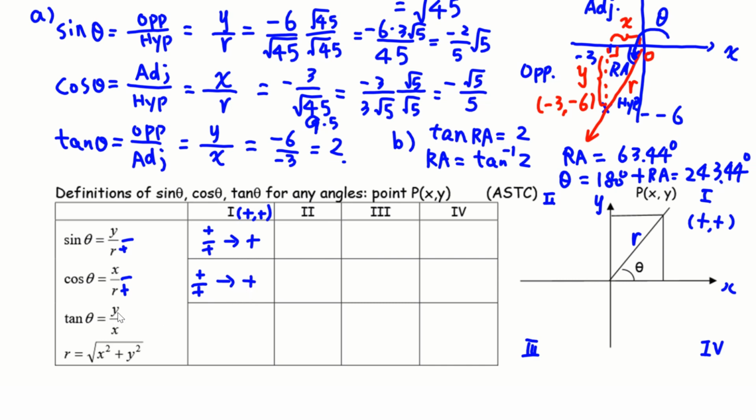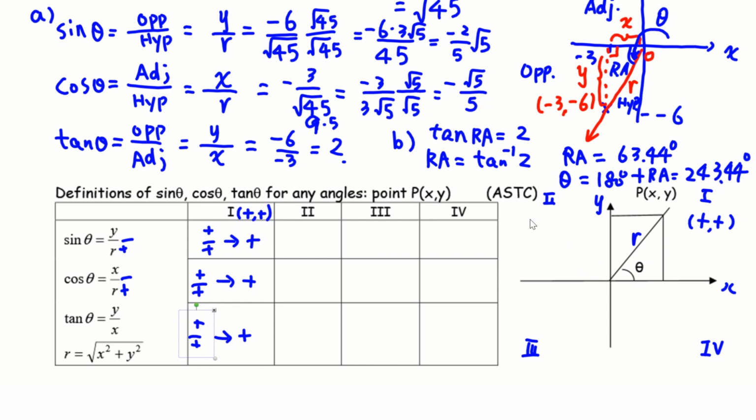And tangent theta is y over x, both y and x positive, gives you positive. That is the same as what we did before in a right angle triangle. Sine, cosine, tangent equal opposite over hypotenuse, adjacent over hypotenuse, opposite over adjacent, always positive. So in the first quadrant, all the theta is less than 90 degrees.